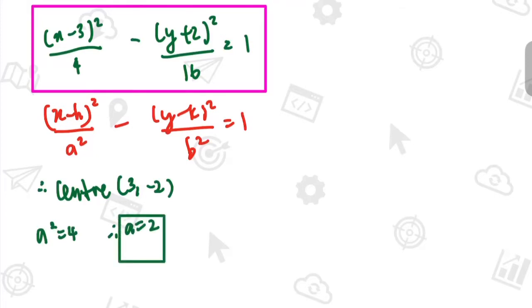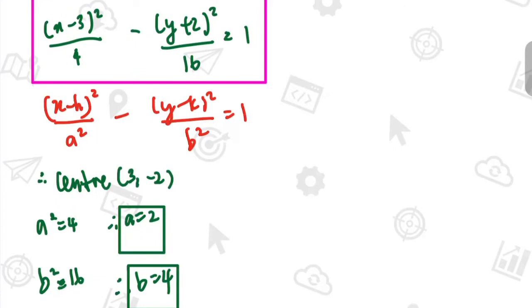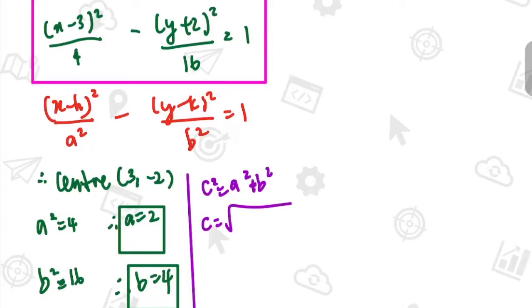So keep the information there. Next, let's compare with B squared. B squared is 16. Therefore, your B is equal to 4. After we got A and B, we can calculate what is our C. Let's use the Pythagorean theorem, C squared equal to A squared plus B squared. So A squared is 4, B squared is 16, C is square root of 20.